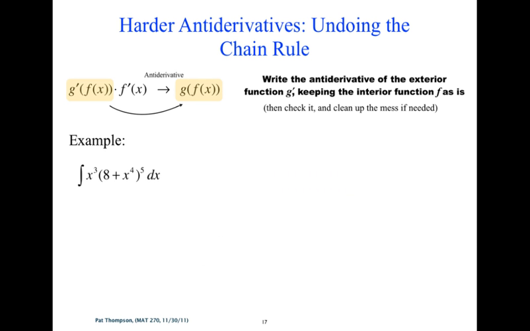So here's x cubed times 8 plus x to the 4th, to the 5th. We're considering this as the rate of change function, this whole expression here. Which is going to be our g prime f of x?